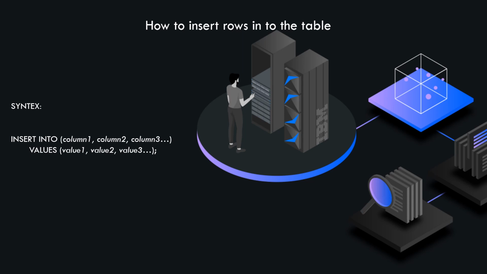Now let's see how to insert rows into a table. This is the syntax we used for adding rows into a table. First, insert into statement and adding all the column names in the brackets like this. Then add the values for each column like this and you have to do like this for every row.